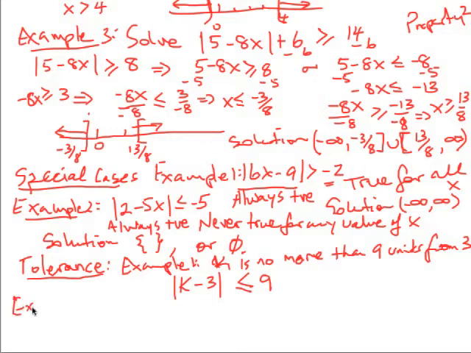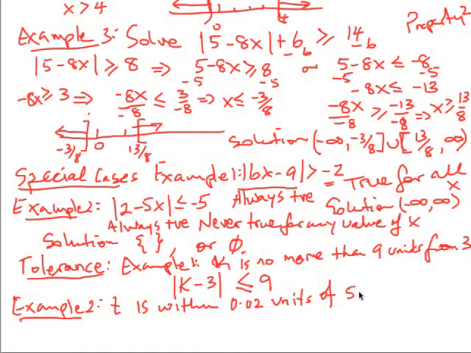So example 2, what if I have a statement like T is within 0.02 units of 5.8. Okay, so T is within this many units of 5.8.